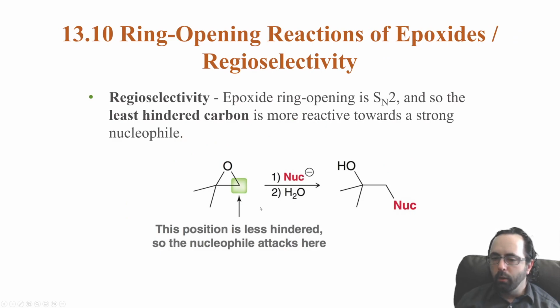When you have an epoxide that is not protonated, we're going to talk about protonated in a second, this reaction is going to be driven by kinetics, and the less substituted carbon here is going to be more open to nucleophilic attack. So the nucleophile will want to attack whichever carbon here is least sterically hindered, and then the epoxide will open up.